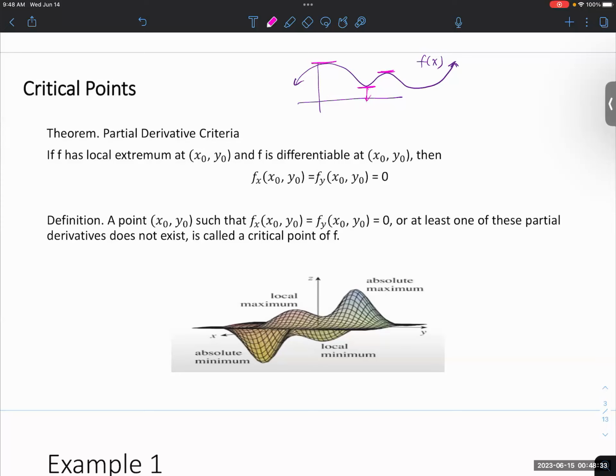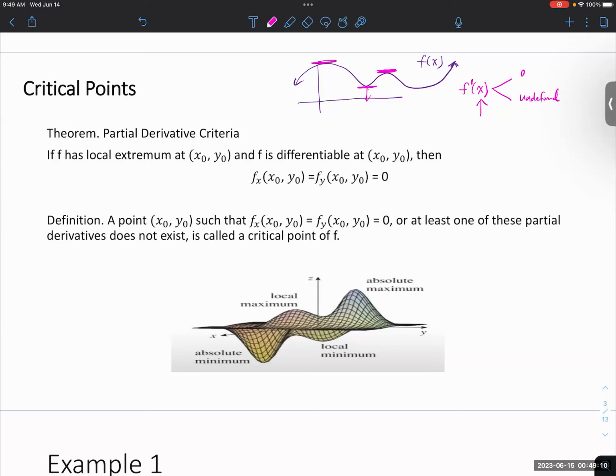When you take the derivative, it could be 0 or it could be undefined, because at that moment the slope is flat. So the slope is 0, slope is 0, slope is 0, or we say the slope is undefined. So we define critical points as the values of the function when the derivative equals 0 or does not exist. That's how you find the critical point x.